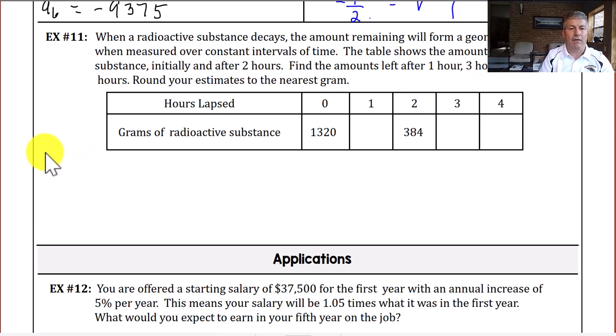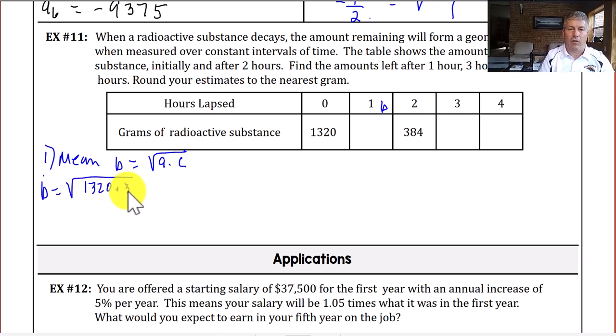So let's go ahead and find the mean. And that was b is equal to the square root of a times c. So this is going to be our b value here. So b is equal to the square root of 1,320 times 384. You're going to have to trust me when I say I put that in my calculator. I can't do that in my head.